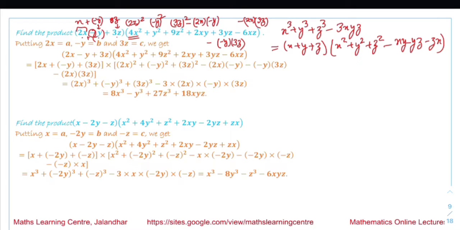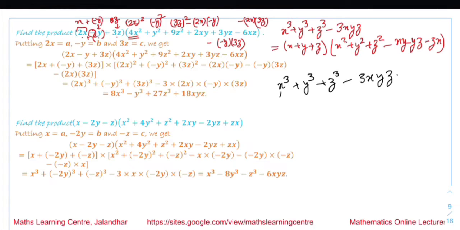So what we see, this is of the form x square plus y square plus z square minus xy minus yz and minus z into x. So we apply this formula, and the answer we will get will be x cube plus y cube plus z cube minus 3xyz.